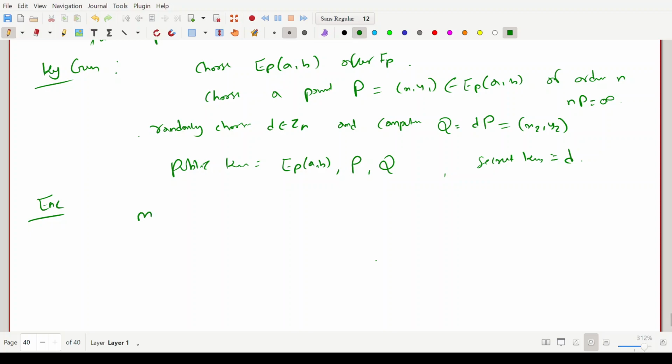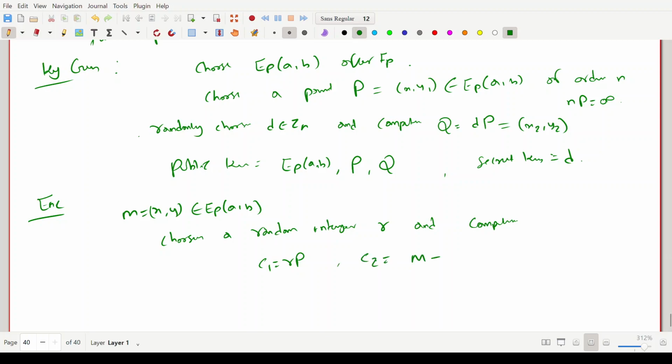Now let us see encryption. Suppose a plain text M, say M equal to (x, y), is the plain text, and you want to send this M. Suppose Alice is there, so she will first choose a random integer R and compute C1 equal to RP and C2 equal to M plus RQ.